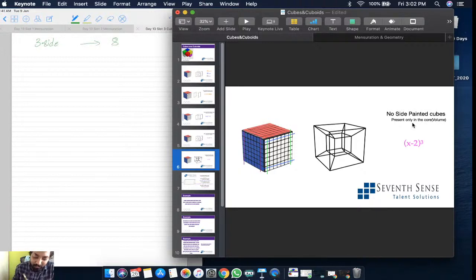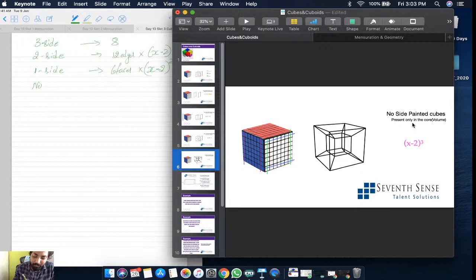It's a constant. Two side painted will be 12 edges into x minus 2. One side painted, 6 faces into x minus 2 whole square.